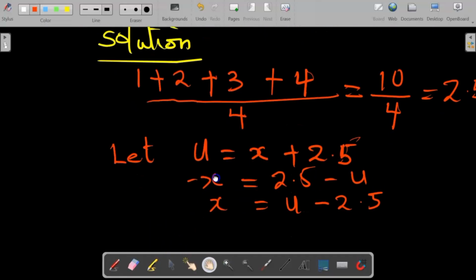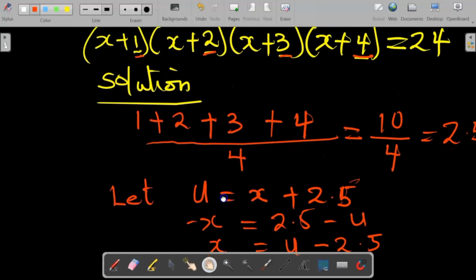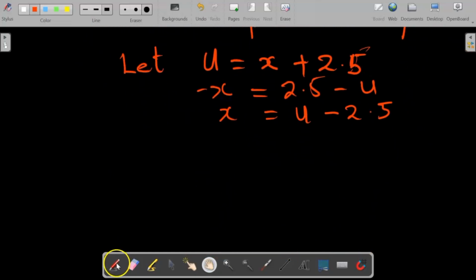Now let's come back to the first equation. Don't forget x plus 1, x plus 2, x plus 3, and x plus 4. We're going to rewrite this equation using u. Remember, x is u minus 2.5.